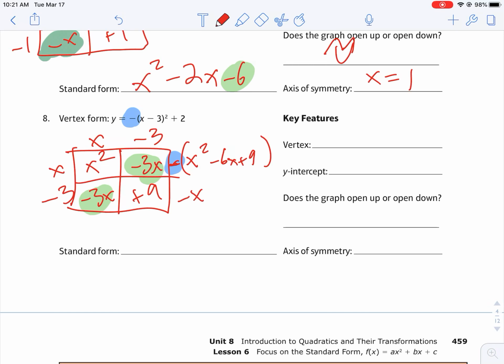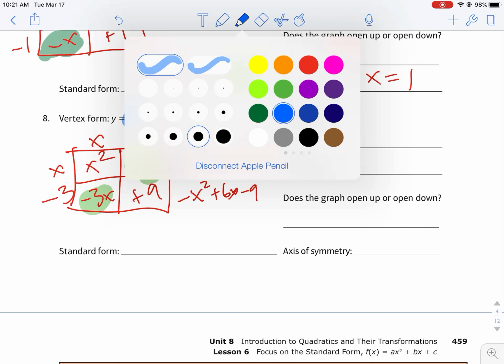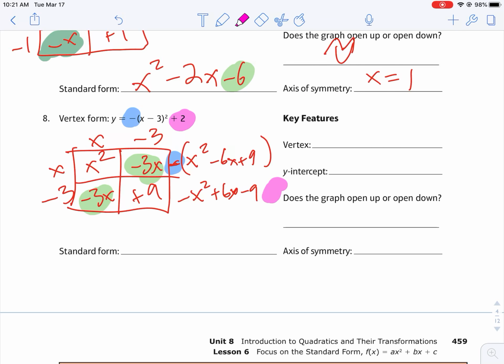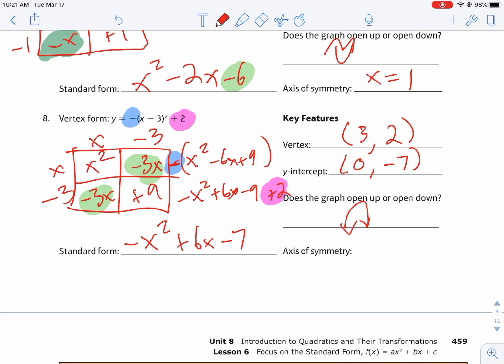So this will give me negative x squared plus 6x minus 9. And then let's also not forget this plus 2 at the end. So my final answer will be negative x squared plus 6x minus 7. My vertex will be 3, comma 2. Y-intercept is going to be 0, comma negative 7. The graph opens downwards this time because of this negative sign. And my axis of symmetry is going to be x equals 3.